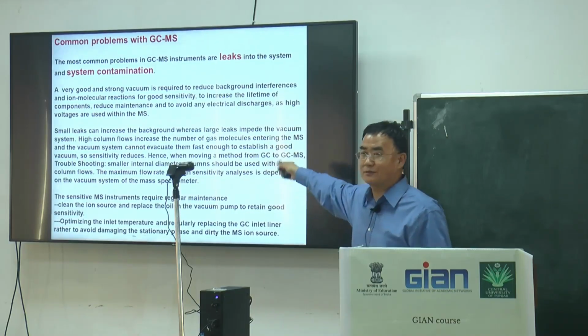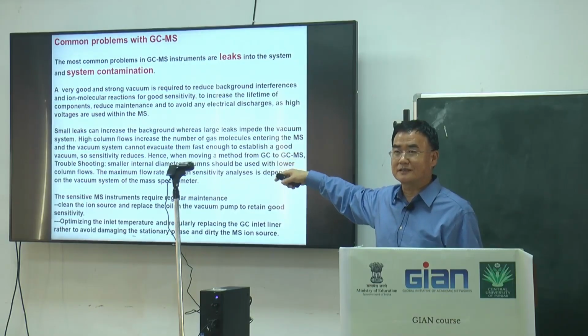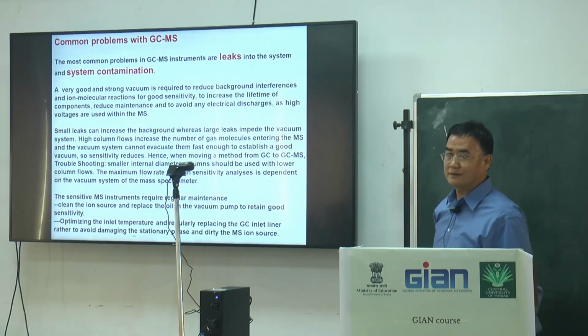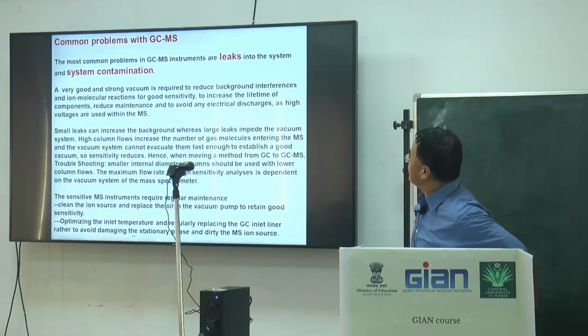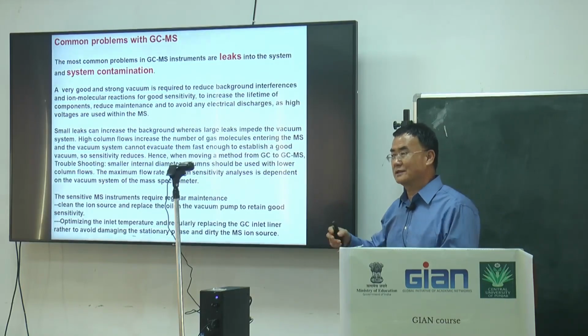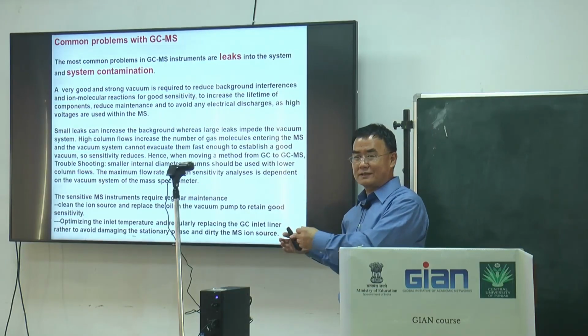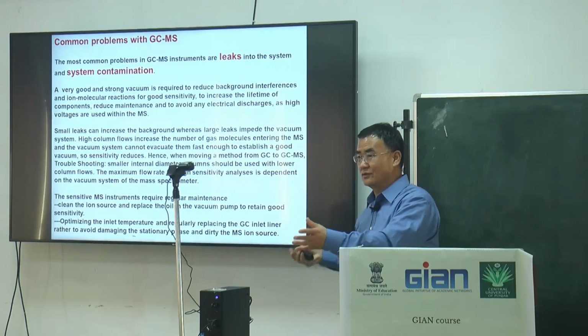A problem when we run GC-MS, sometimes during maintenance, is that we can see some leak into the system and system contamination. Yeah, this is very common when you see very noisy signals or other unknown stuff.